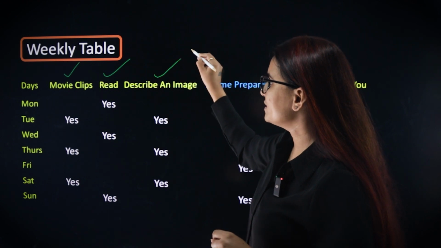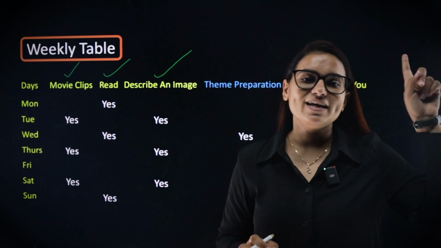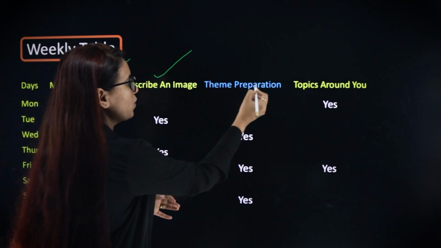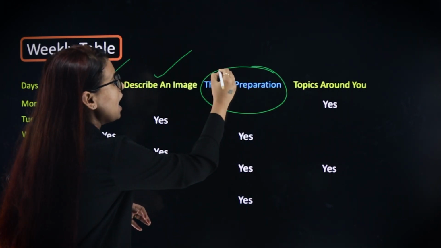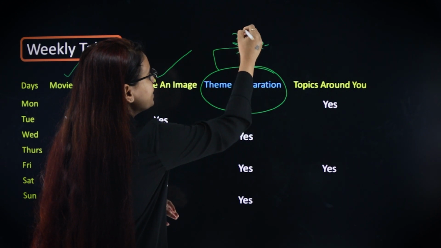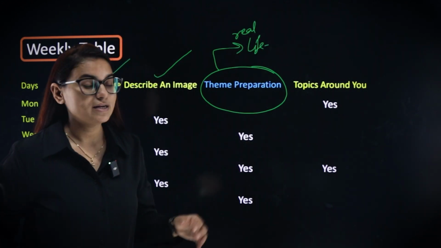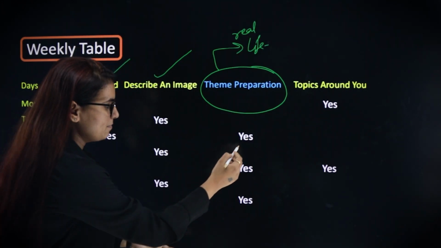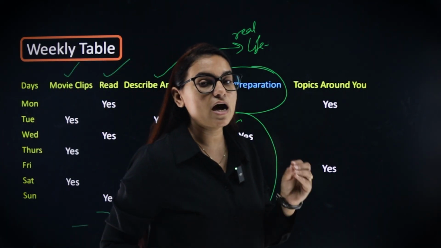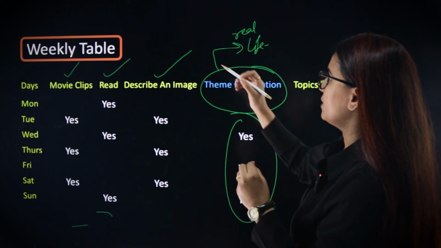We had talked about describing an image. Link is over here. And in today's session, we'll be talking about theme preparation, how this method helps you to talk about real life situations. This particular method makes you prepare to talk about real life situations. So that's going to be our agenda for today's class.